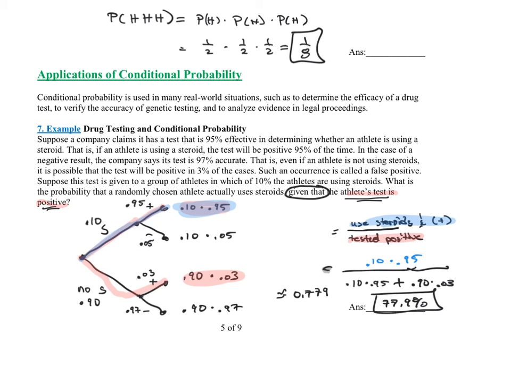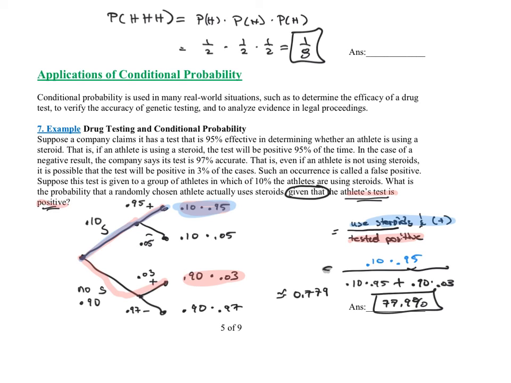So let's think about what we just figured out. What we just figured out is if they tested positive, they have a 77.9% chance that they use steroids. That's what that says right there.